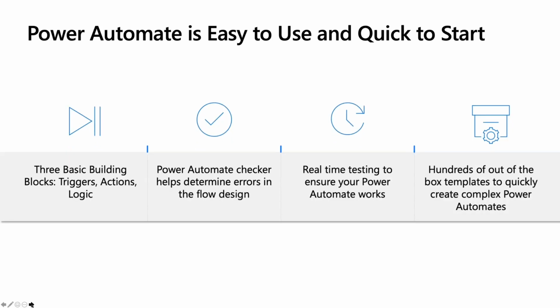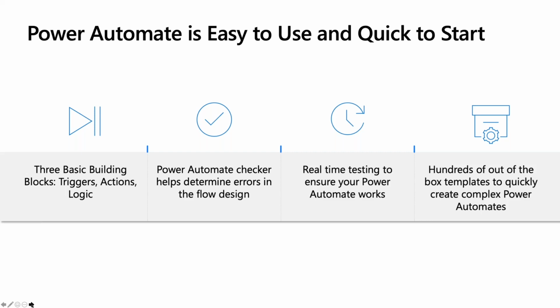Power Automate is super easy to use and it's very quick to start. Essentially with Power Automate, there are three basic building blocks. You can automate tasks by leveraging triggers, actions, as well as conditional logic.